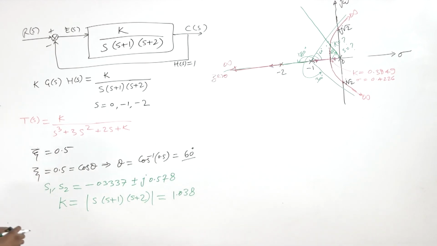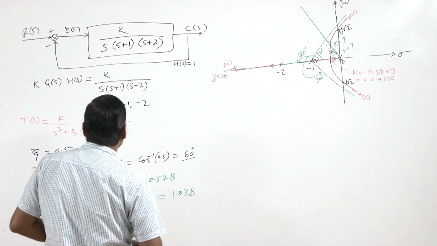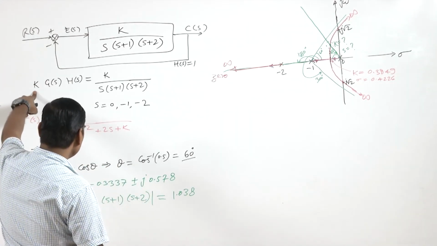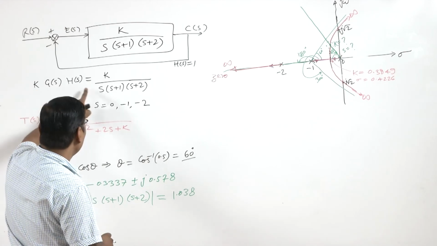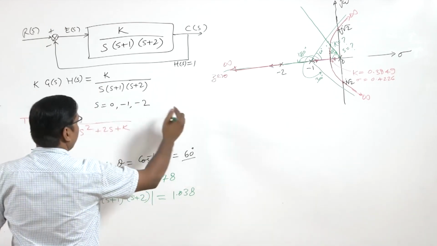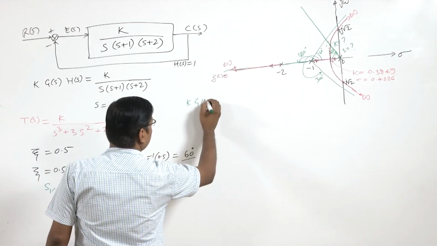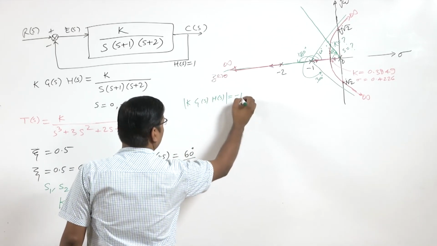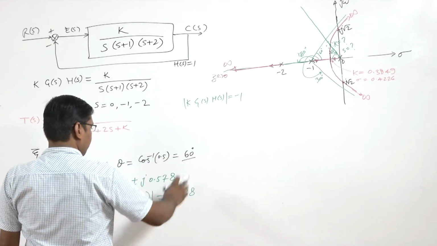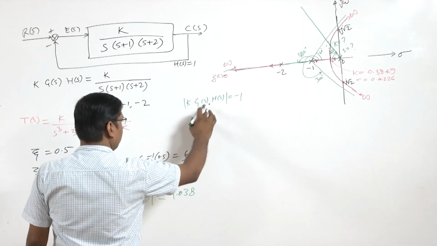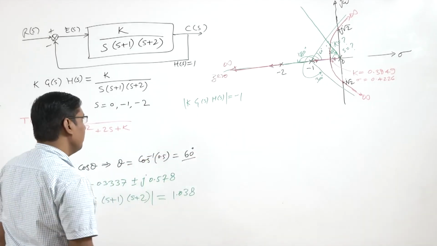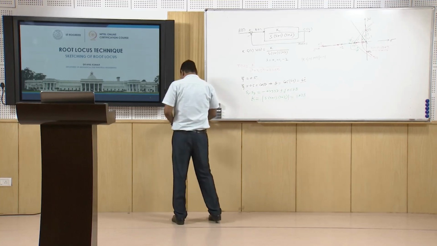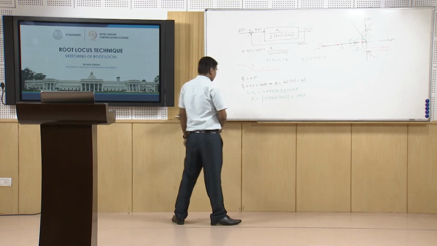And when we put this value of gain in K G(s) H(s) equal to minus 1, we will get all the poles, the third pole also, and that pole will be on the real axis at minus 2.33.